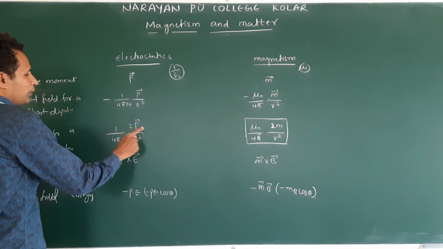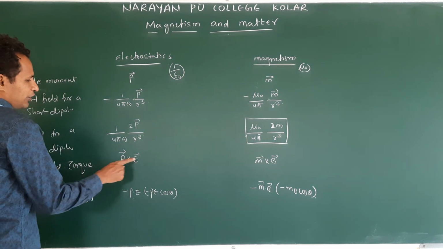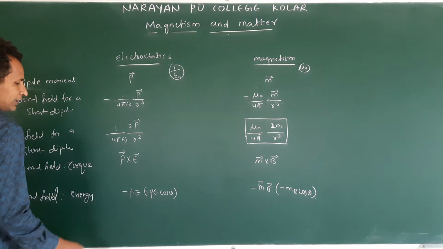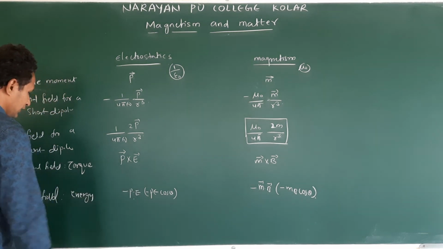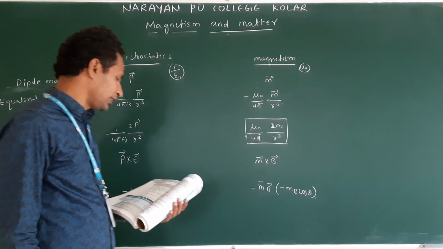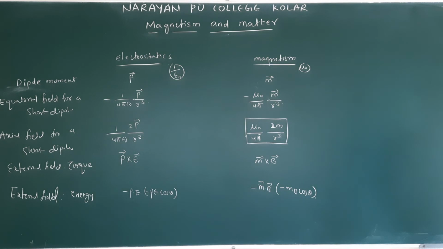Here also the same, 2p by r cube, 2m by r cube. P cross E, dipole moment and field; same. Capital E is the electric field, capital B is the magnetic field. So this is the comparison between electrostatics and magnetism.